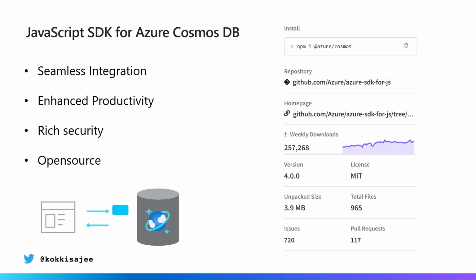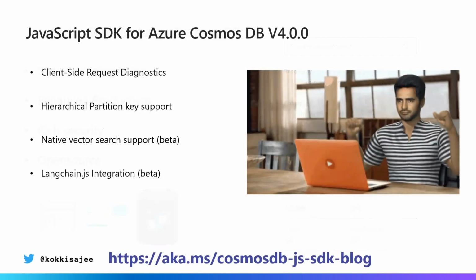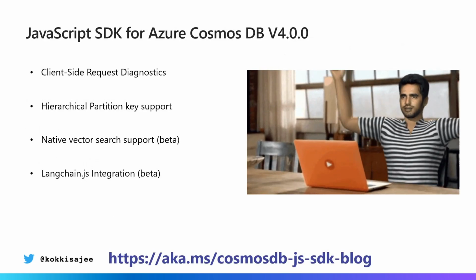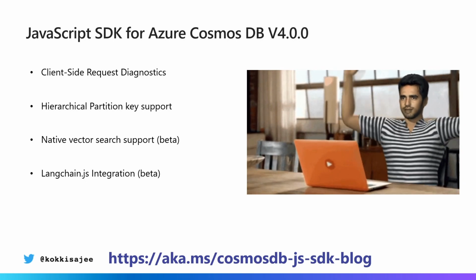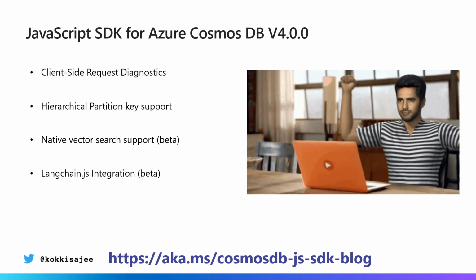You can see the entire history of the integration in the Azure SDK, Azure/SDK JavaScript. This is a URL in the NPM package, and you can see the active downloads and how the community has been growing in the past year. In terms of the JavaScript SDK for Azure Cosmos DB, we have 3 versions so far, starting from V2, V3, and V4.